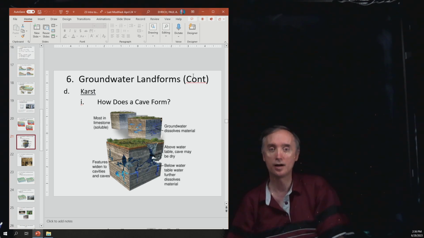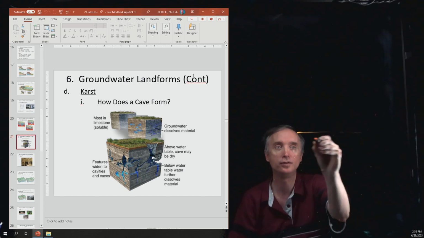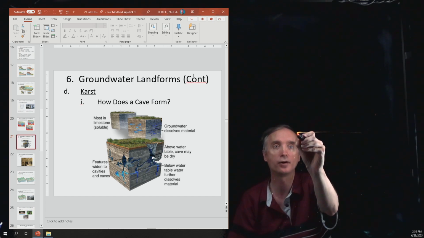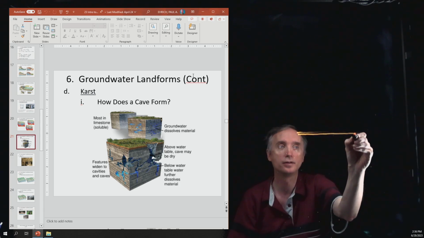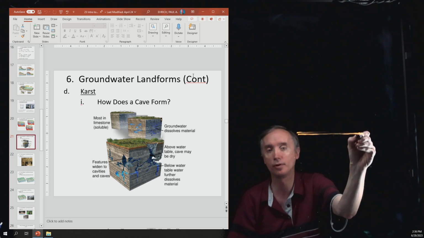Okay, a lot of questions about caves on this exam. So karst topography. You should know, how does a cave form? You should know that caves tend to form under the water table. You need to have an area where there is an impermeable layer, which we're going to call the cap rock.